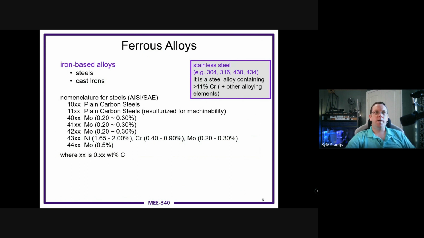The moly content, so 40 starts at around 0.2 to 0.3. It can be a 41 or a 42, depending on what else is in there. 43 tends to have nickel, chrome, and molybdenum. So all of those, and it's in different ratios.